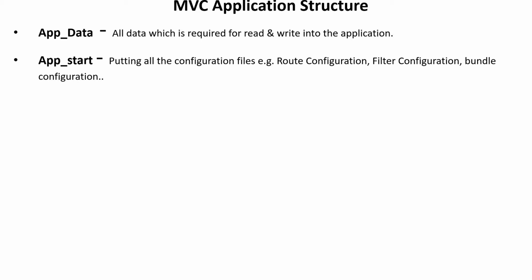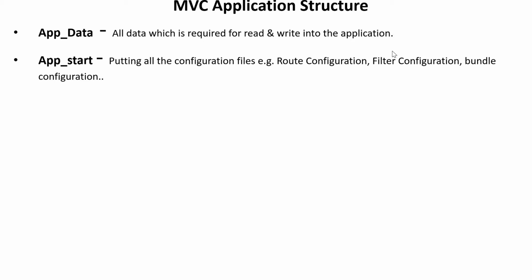In a later video, I will tell in detail what exactly routing is and how the mapping is done with the help of routing when the request is transferred from controller to another controller, or from controller to the model and to the view, right?